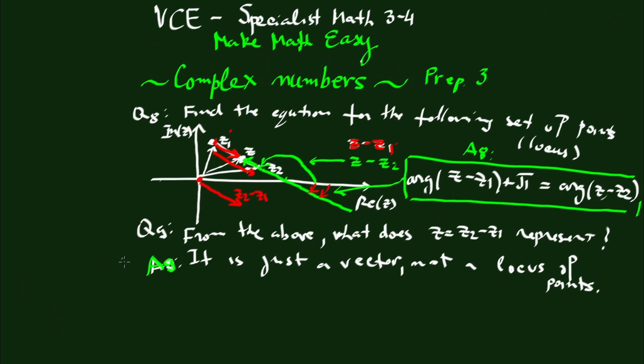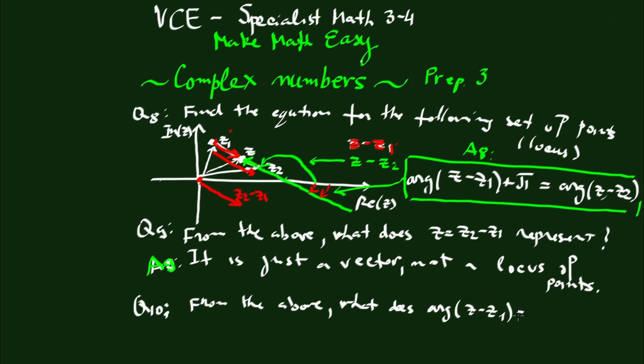Let's continue with one last question. Question number 10. From the above, what does argument of z minus z1 equal argument of z minus z2 represent?